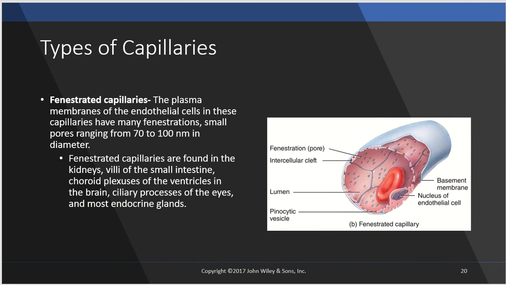Fenestrated capillaries are found in the kidneys, the villi of the small intestine, the choroid plexus of the ventricles in the brain, the ciliary processes of the eyes, and most of the endocrine glands. So this is a great place where a lot of filtration or exchange occurs.